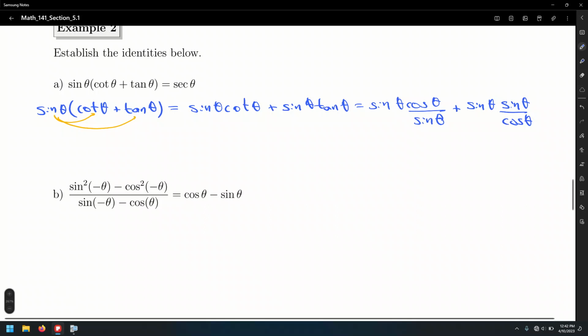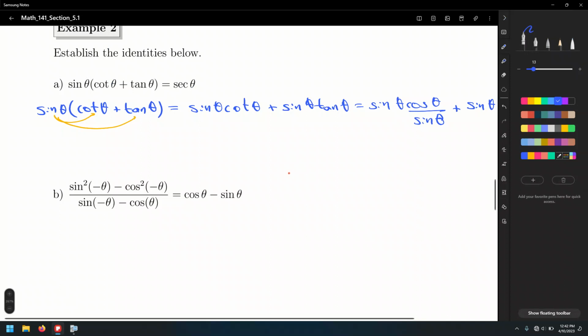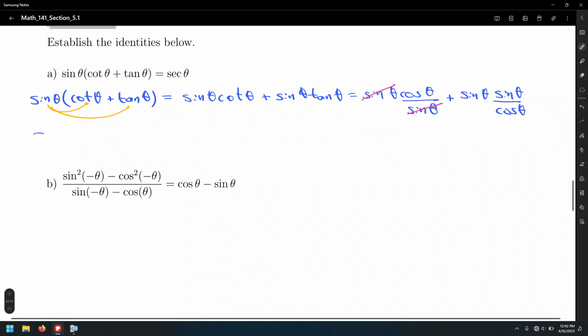All right, so notice we can actually divide out sine over sine to get the quantity cosine theta plus, I'm going to leave a space for something, you'll see, plus the quantity, okay, sine times sine, that's a sine squared theta, and divide that by cosine theta.